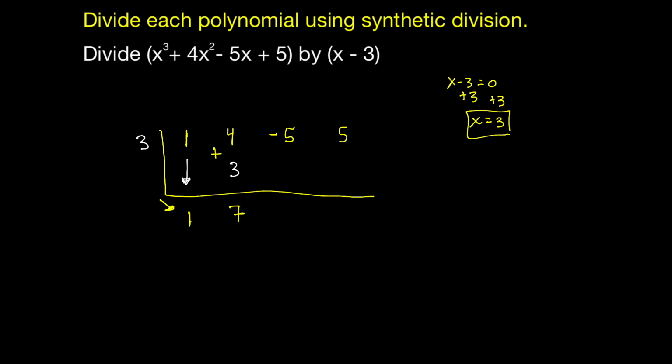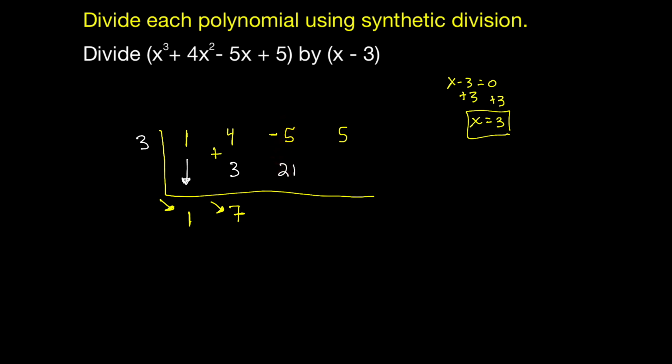And now we repeat the process. I am now going to multiply my 3 on the outside with the 7. So 3 times 7, we're going to get 21. And then I am going to add these two values.